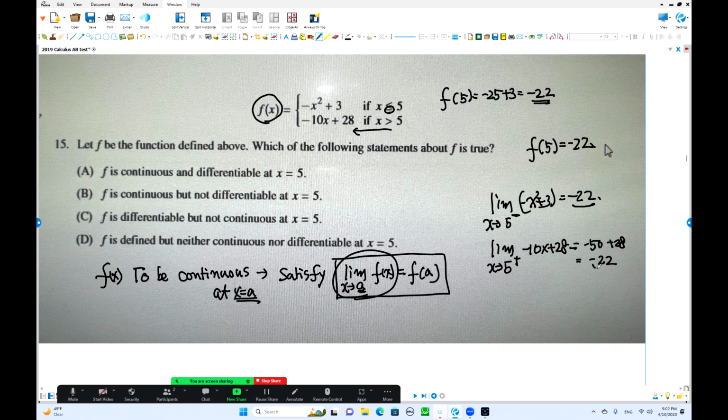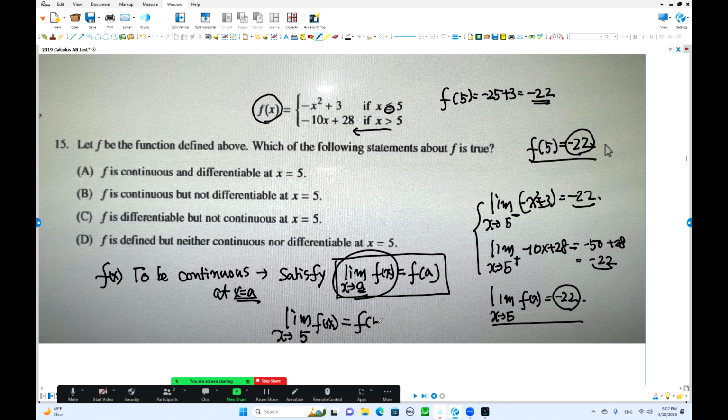From left and right, the same number, the limit value. All together we can say the limit as x approaches 5 of f of x equals negative 22. The actual value is negative 22, the limit value is also negative 22. So the limit as x approaches 5 of f of x equals f of 5.